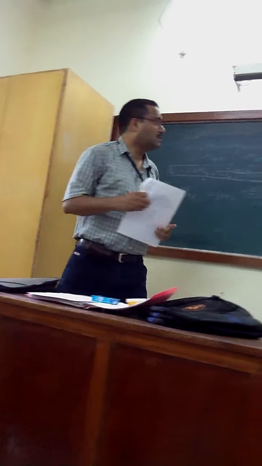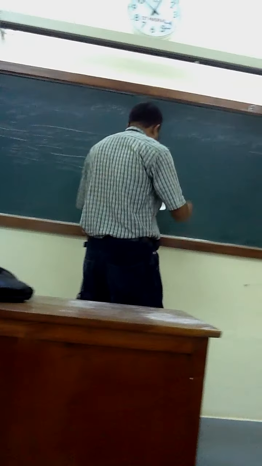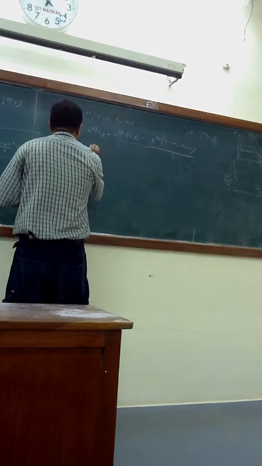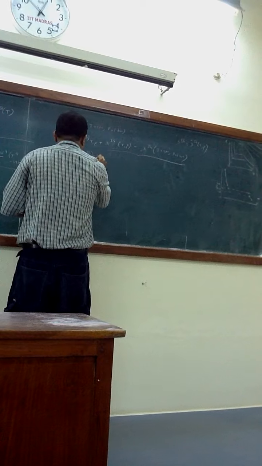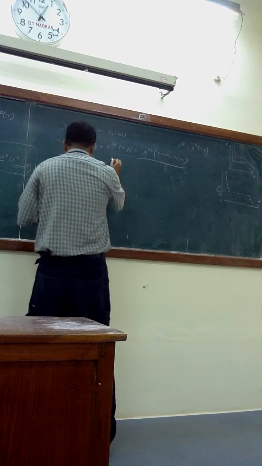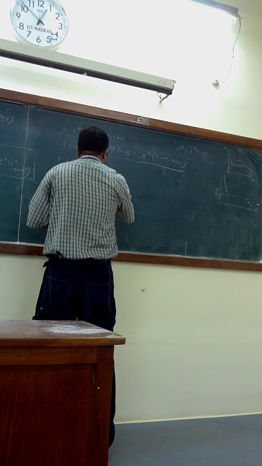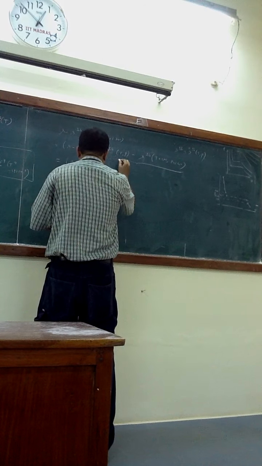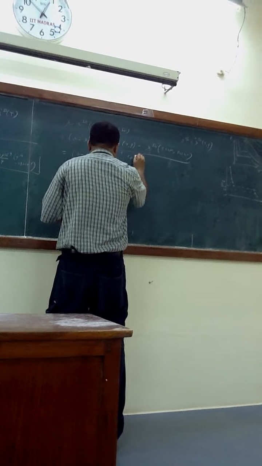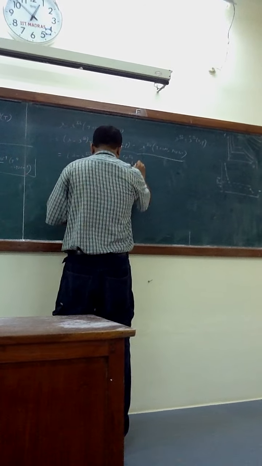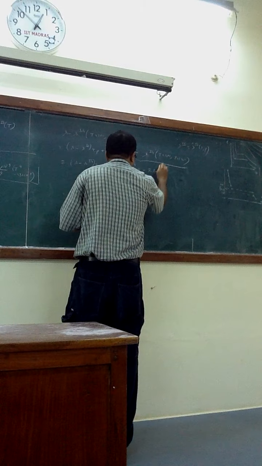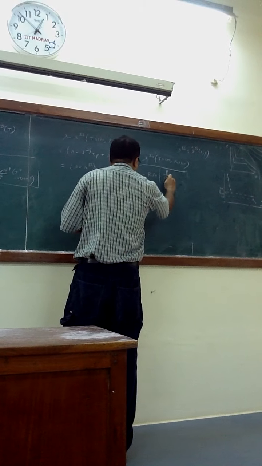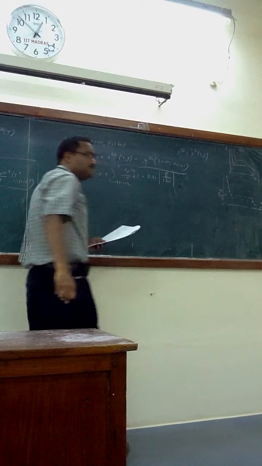Correct? Okay. So you have S minus S_ig(T,P) plus the integral from 298.15 Kelvin to T of CPIG by T dT minus R ln P by 1 bar.